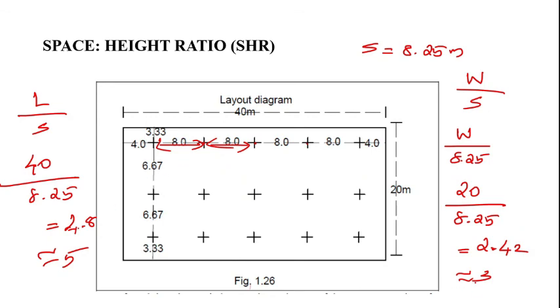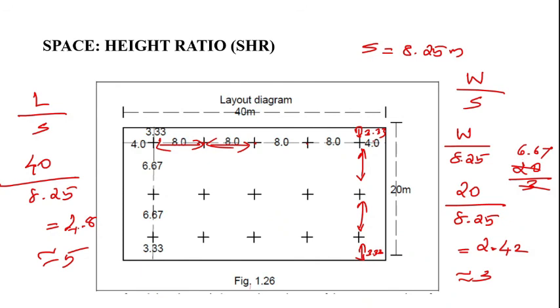So 20 divided by 3 means I have 6.67 between the lamps, and 3.3 between the lamp and the wall, sorry, as a clearance from the wall. The clearance of the luminaire from the wall, I'm taking it as 3.3, 3.3.